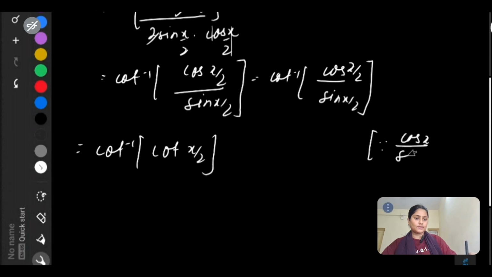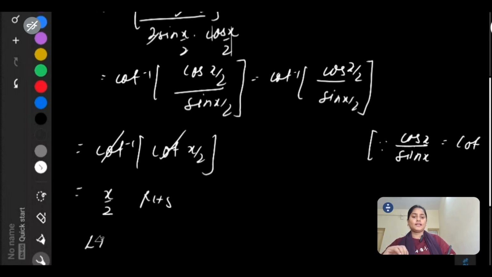Now cancel cot inverse with cot. So we'll get the answer x by 2, which is directly equal to the RHS. Hence LHS is equal to RHS. Okay. So this was question number 9. Let's move on to question number 10.